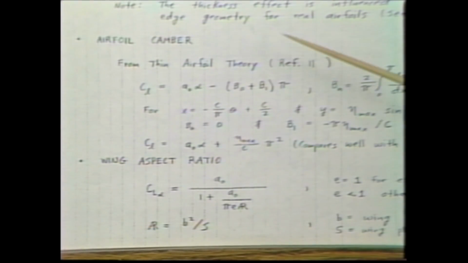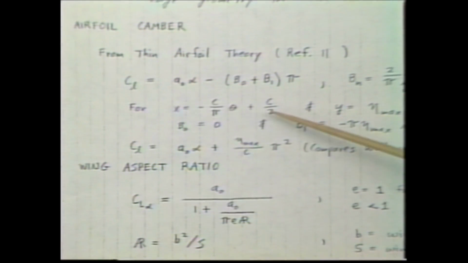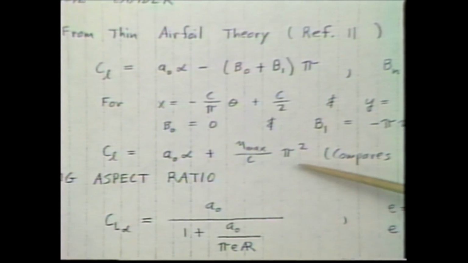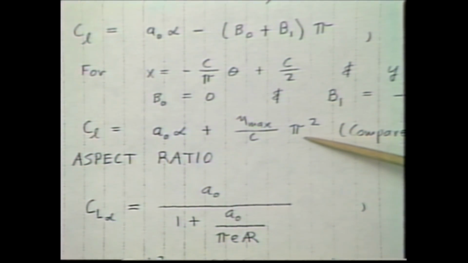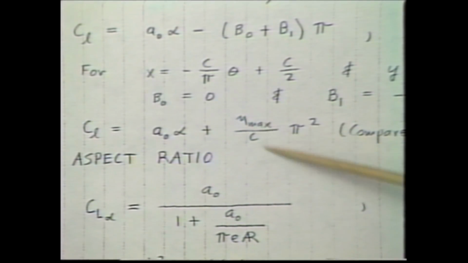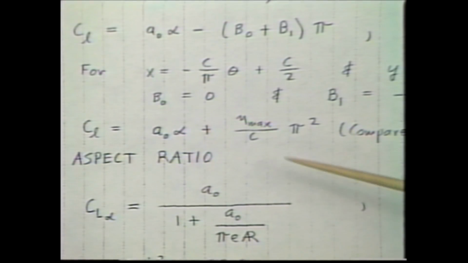Airfoil camber, I mentioned. Down here I have a camber effect term that I've derived by assuming a camber distribution. And if you look at experimental data like Abbott and von Doenhoff for actual airfoils, it turns out that this contribution to camber compares pretty well with the experimental data.